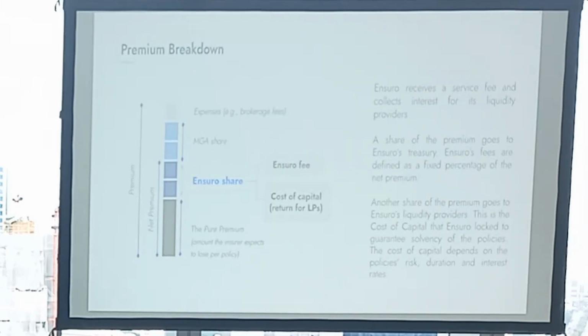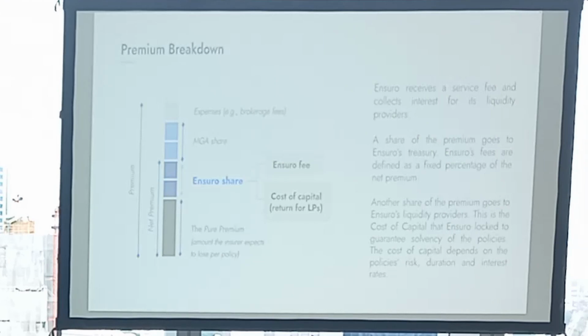In terms of the premium breakdown, which is also connected with the business model and the design of the protocol, you will see a gross premium that is charged to the user, and that typically has some expenses on top: the brokerage fees and the MGA share, the share of our partner.